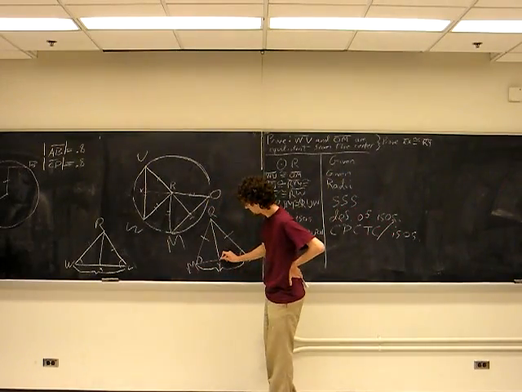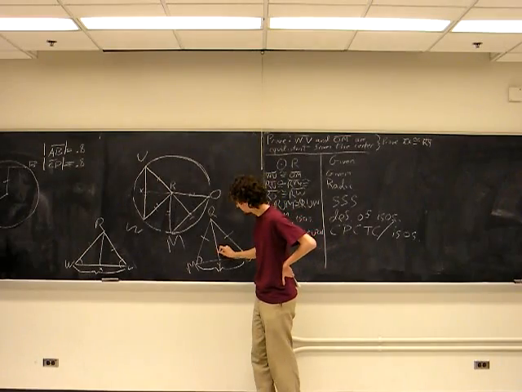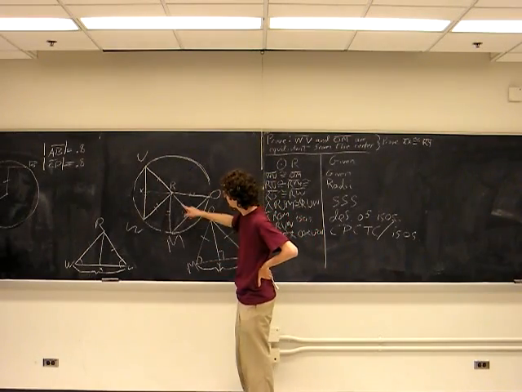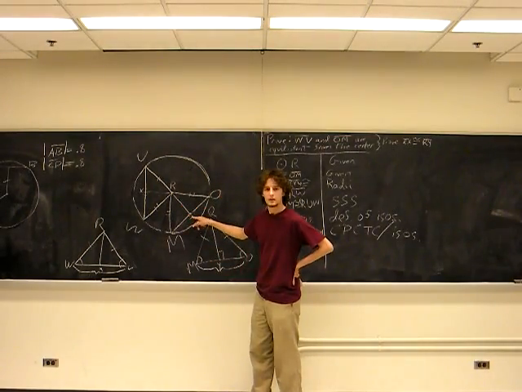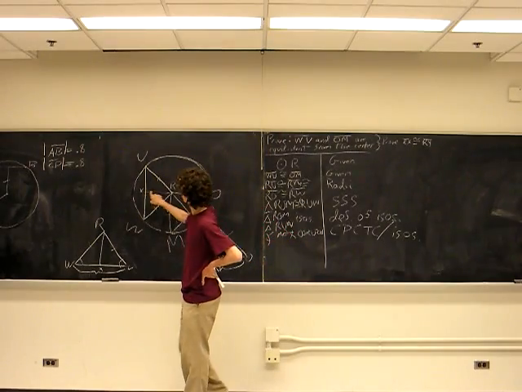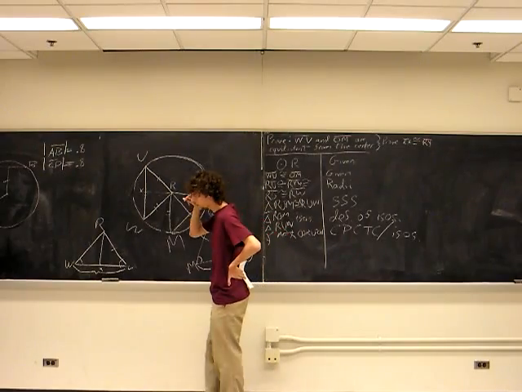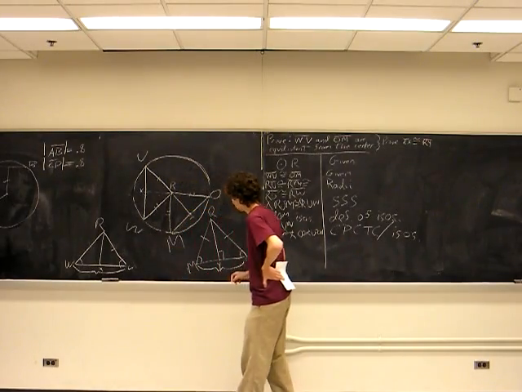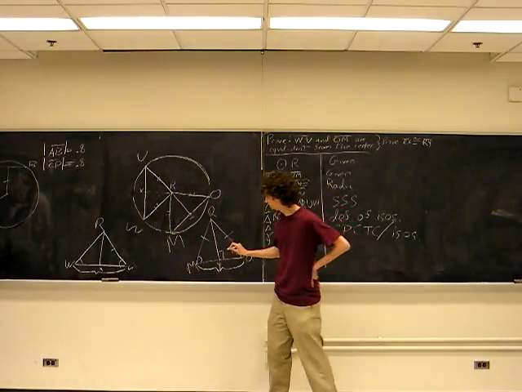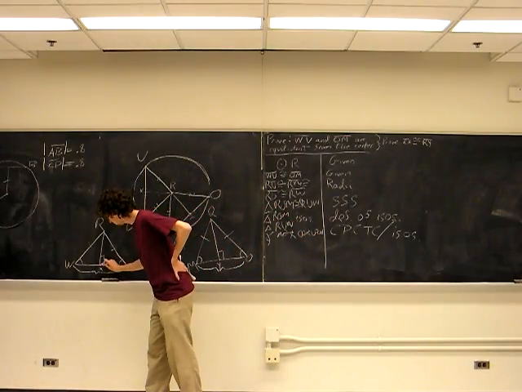Now this is an altitude. We actually constructed it as such because we wanted the shortest distance, and the shortest distance is going to be the straight line, the altitude. We have an altitude of two isosceles triangles.